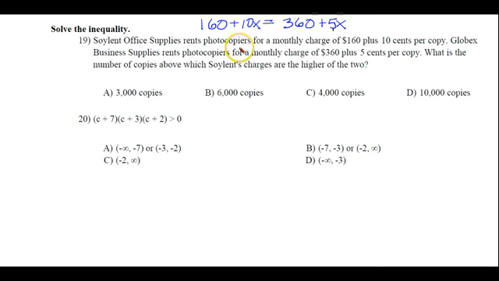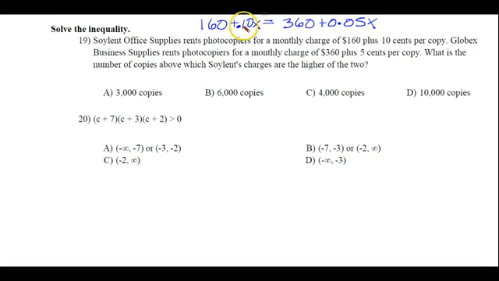Okay. Now, a little problem here. There should be a point there. It's 10 cents because this is dollars, and this has to be dollars. Now we're good. So 5 cents a copy, and we're looking for a point where they'll start to get higher.